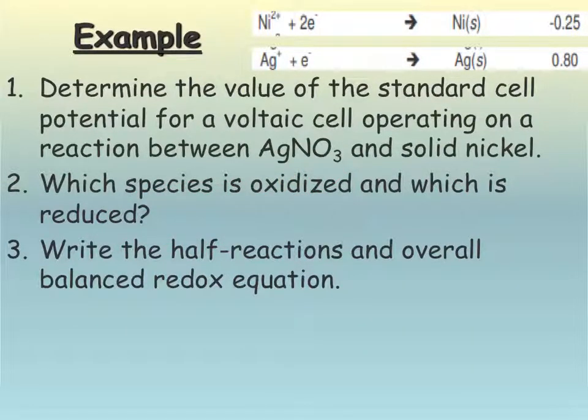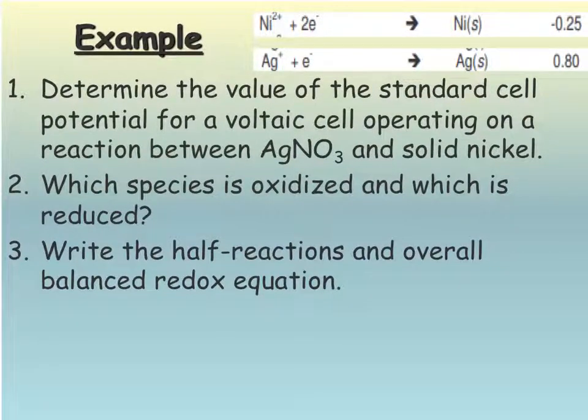In this example, we need to determine who is going to be oxidized and reduced between silver and nickel. The most positive value is going to be the reduced. So definitely Ag plus 1 electron is going to make our Ag solid with 0.8 volts.